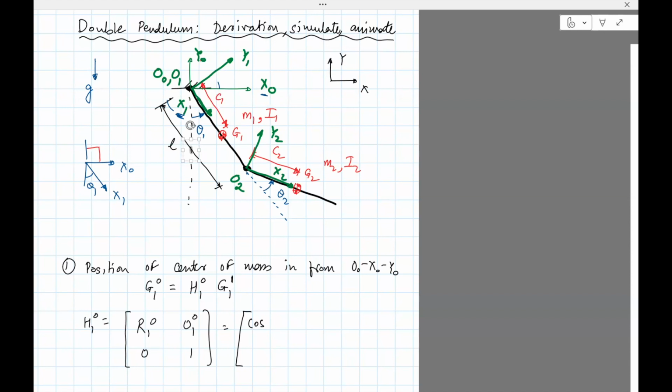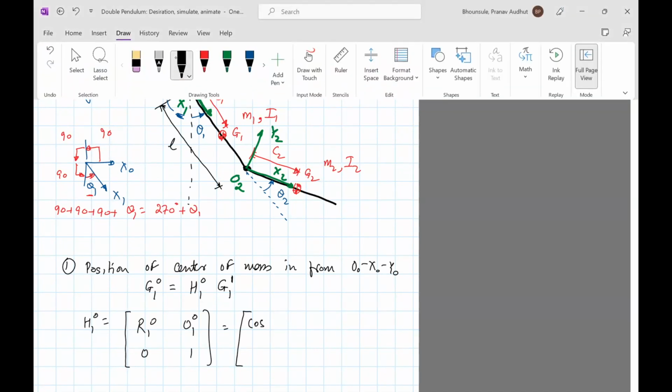So I need to go 90 degrees, then another 90 degrees, another 90 degrees, and then there's theta 1. So that's 90, 90, 90, and theta 1. So it's 90 plus 90 plus 90 plus theta 1, which will be 270 degrees plus theta 1.